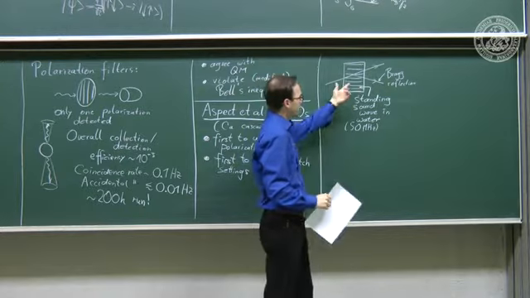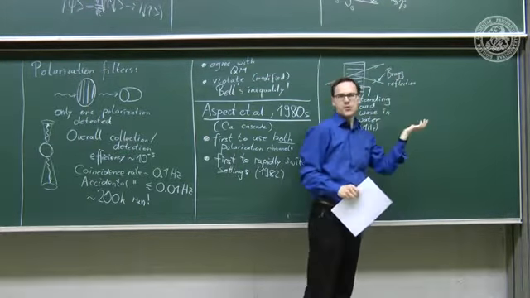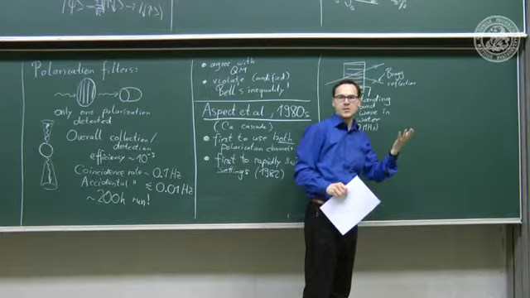And so then after this Bragg reflection, you have two paths, each with their own polarization filter that has been set to some setting.